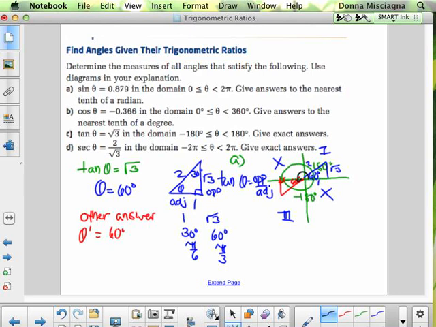No, I cannot. So now is when this becomes important. If I go this way, I am outside of the 180 degrees, so I can't go any further than that. Since I can't go that direction, remember our answer has to be between negative 180 and positive 180.